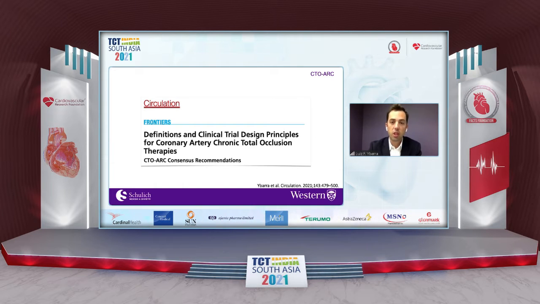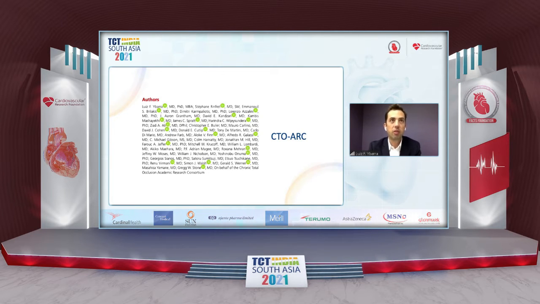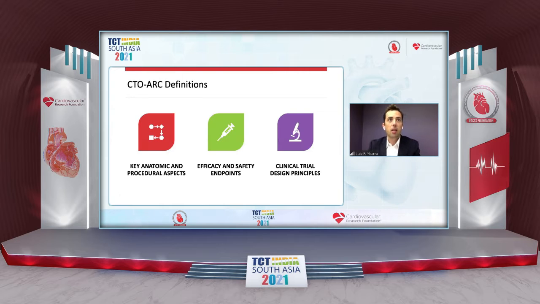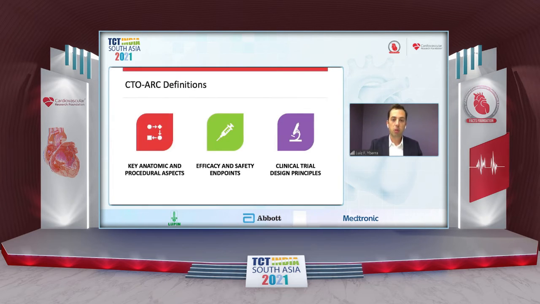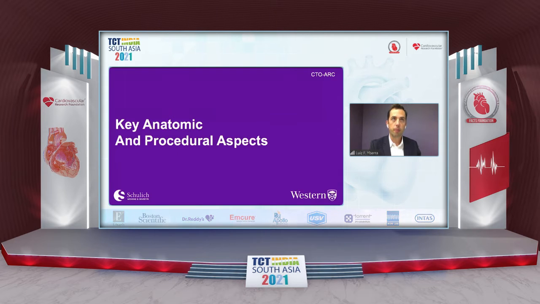Of course, this was a collective endeavor, so I want to thank everybody involved. The CTO work was divided into 3 different sections: the key anatomic and procedural aspects, efficacy and safety endpoints, and the clinical trial design principles. And we're going to talk a little bit on all of them.